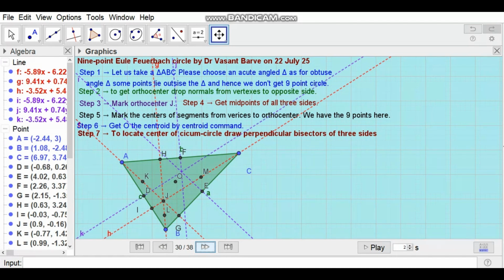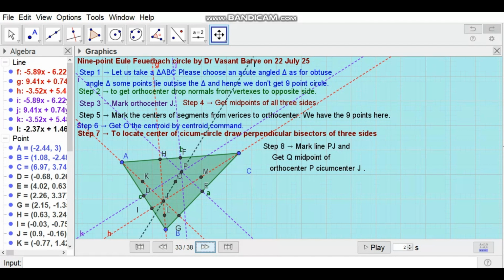Right. So I have got 3 perpendicular bisectors, and intersection of that is to be located. Okay, that is known as center of circumcircle. I have got that as P. And now PJ is marked, and we'll get Q, the midpoint of PJ. I have marked PJ and I have got the midpoint.